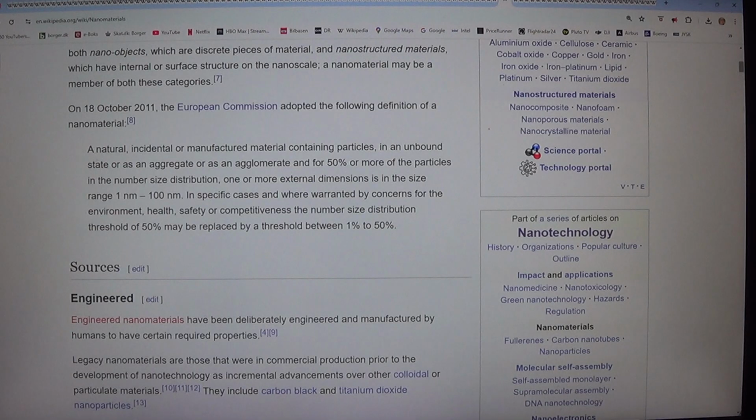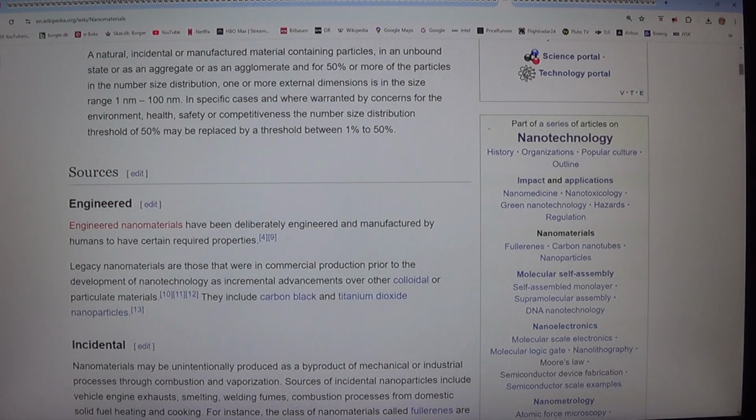In specific cases and where warranted by concerns for the environment, health, safety or competitiveness, the number-size distribution threshold of 50% may be replaced by a threshold between 1% and 50%.